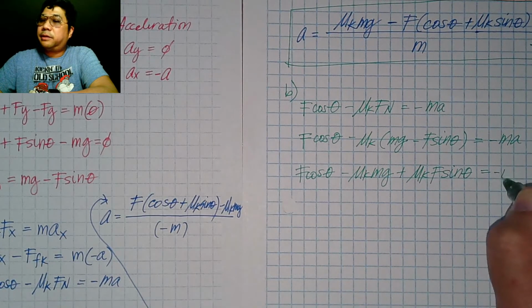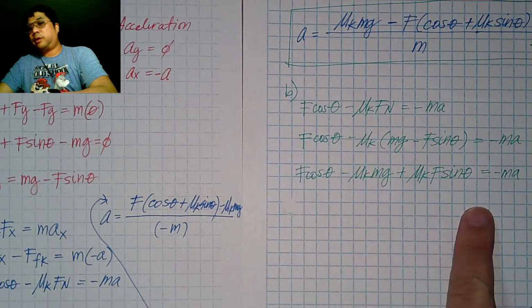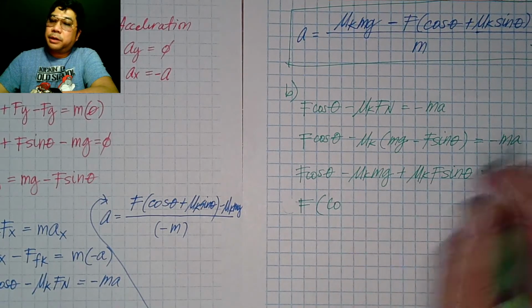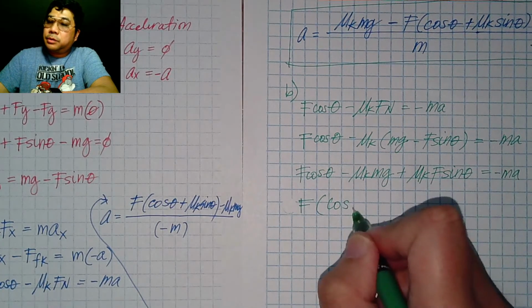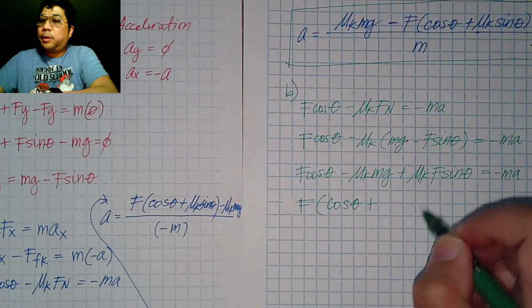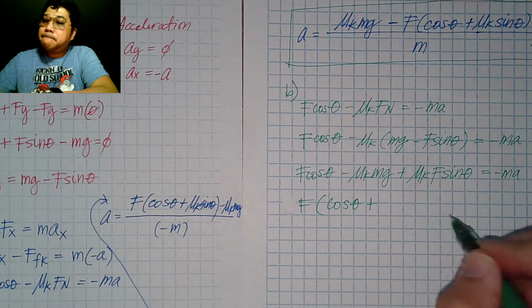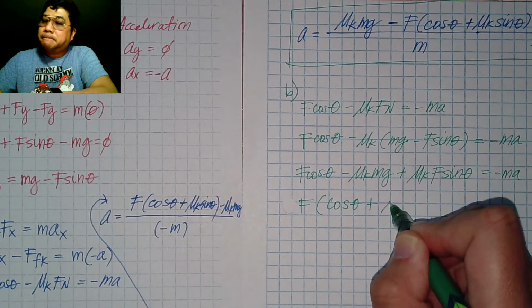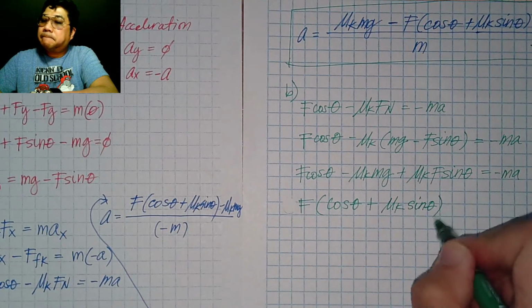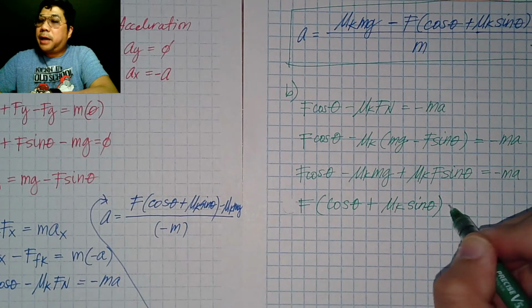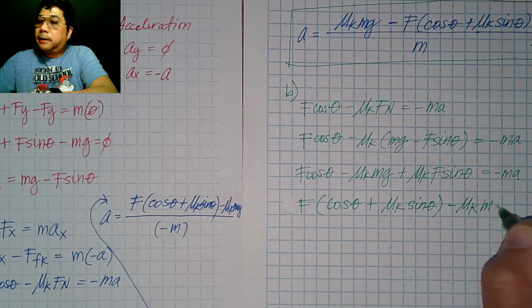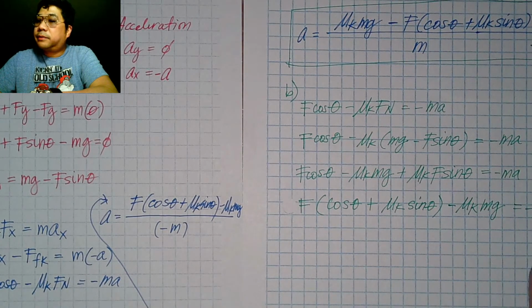That is equivalent to negative ma. So now we can combine like terms, which is your f cosine theta, and then let's add this mu k sine theta, then minus mu k m and g equals negative ma.